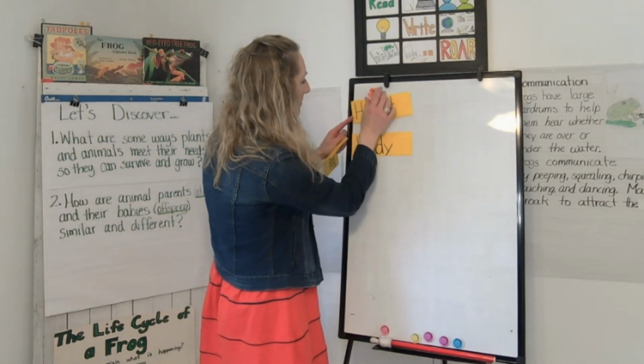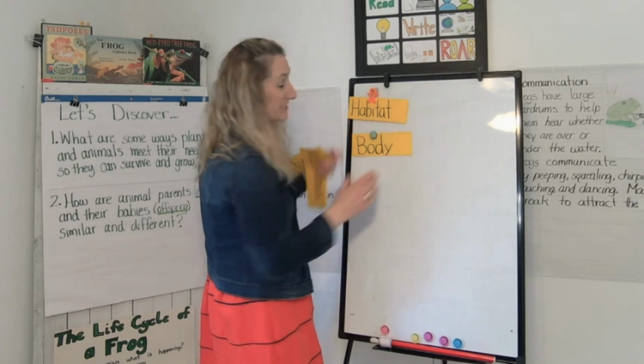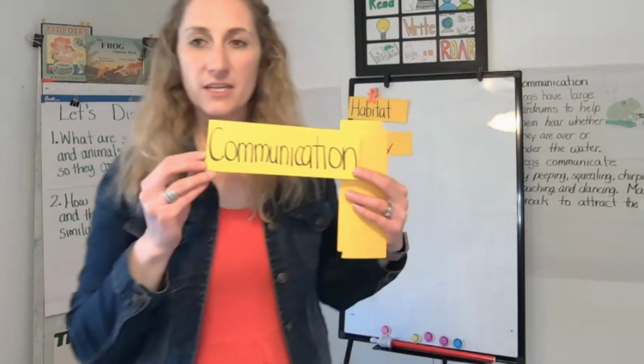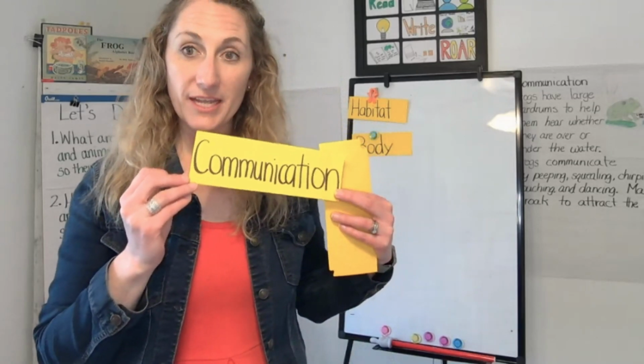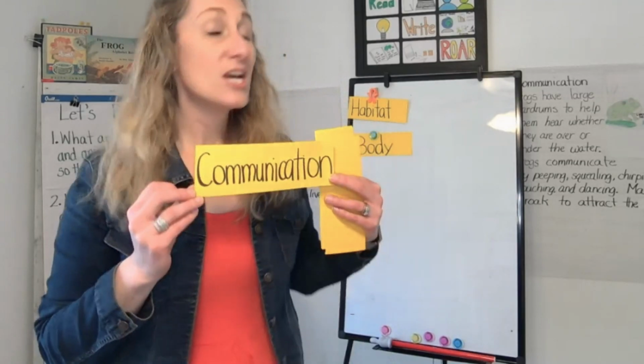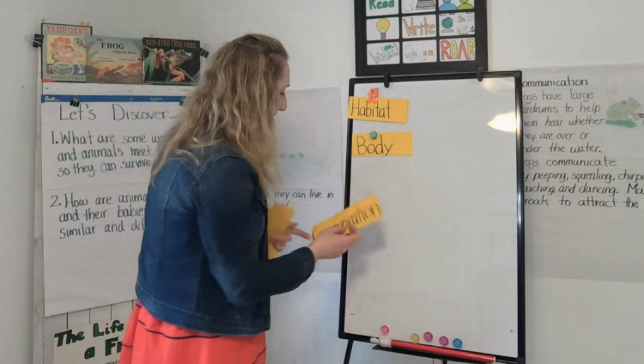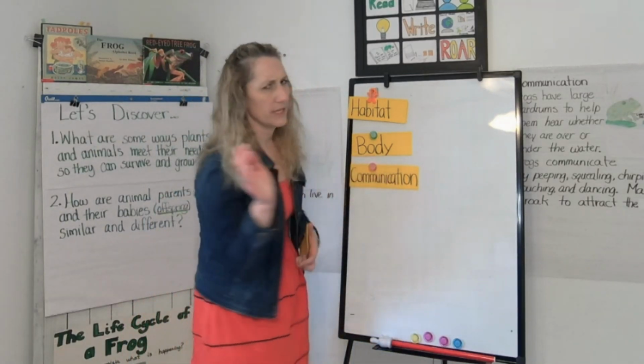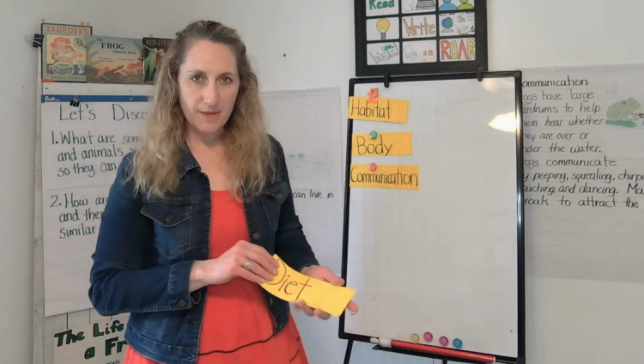And we know that a body of a frog is a little bit different than the tadpole, right? This next word is communication. Can you say communication? Great. Communication, how they're going to talk. And we learned about them dancing and peeping and croaking, all kinds of different noises that they make to communicate.